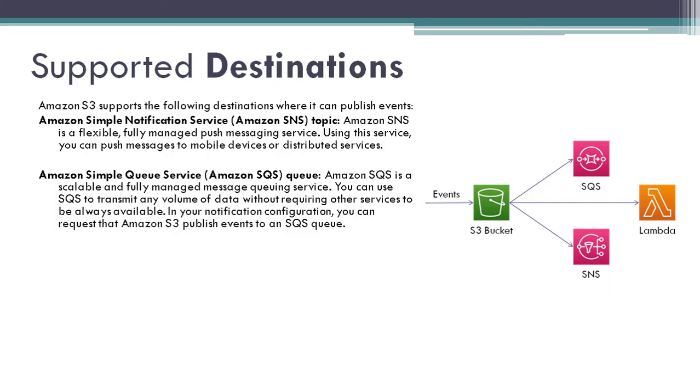What is SQS? Amazon SQS is a scalable and fully managed message queuing service. You can use SQS to transmit any volume of data without requiring other services to be always available. In your notification configuration, you can request that Amazon S3 publish events to an SQS queue.